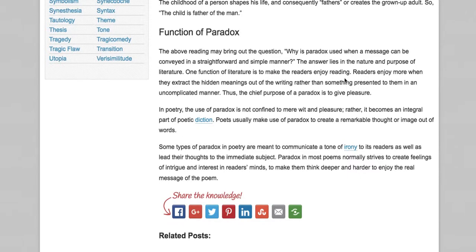It should have a pleasant effect. And this presumes that readers enjoy more when they extract the hidden meanings out of the writing rather than having something just presented to them in an uncomplicated manner. So instead of just being given the right answer, it's more exciting, it's more fun to search for it and to figure out what the underlying meanings are. Again, that excavation process, that digging process.